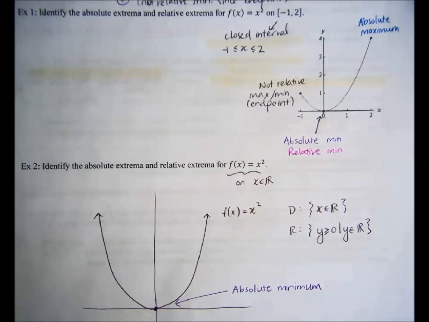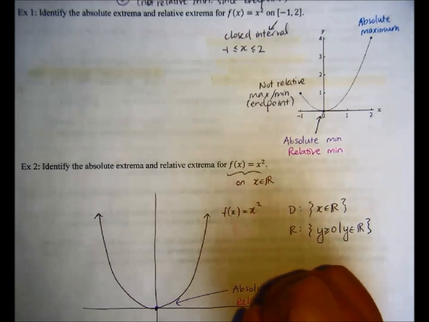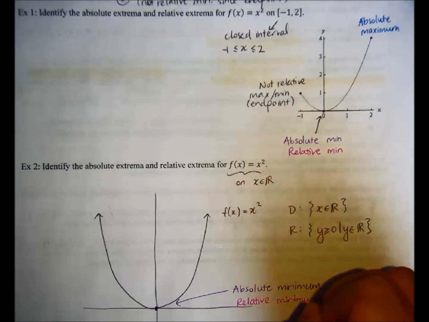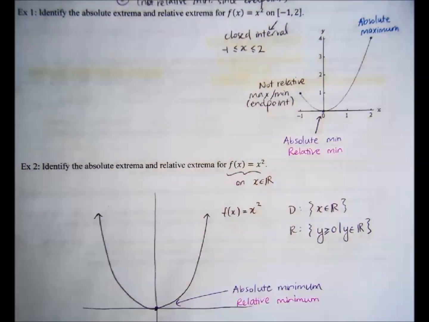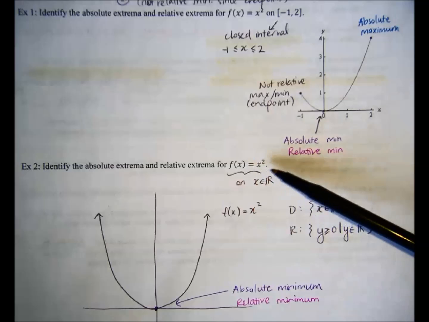But in terms of other extrema, there's no absolute maxes and there are no local maxes either. So sometimes an answer can change depending on whether you are given a closed interval or a completely open interval.